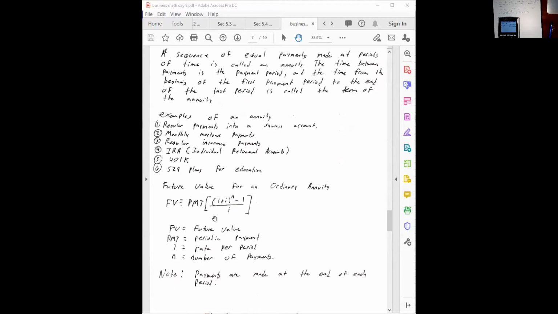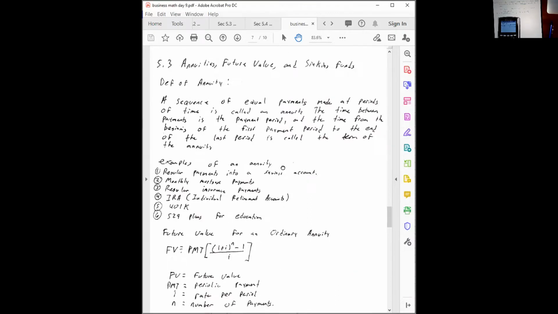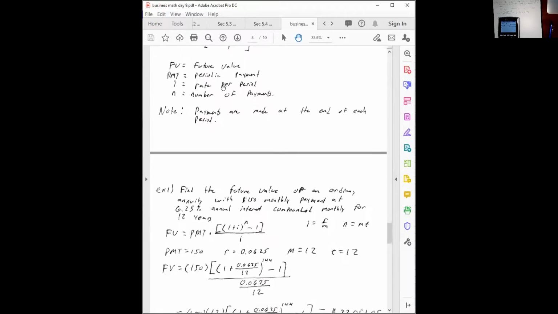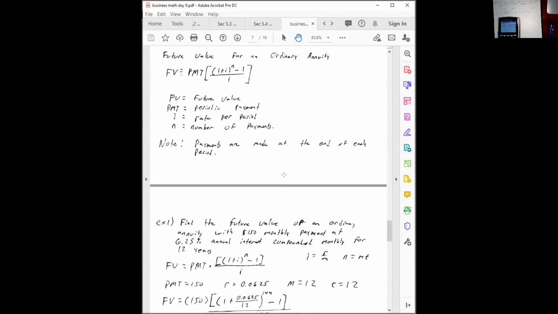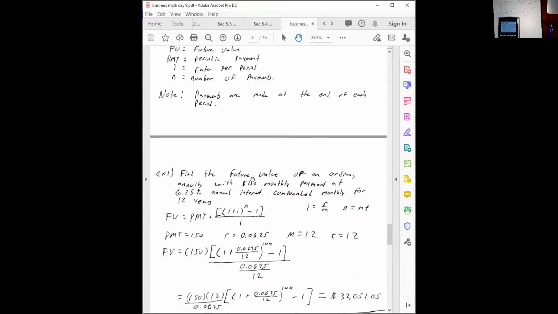Here is the future value, assuming there's a periodic payment. Right? We said that's stuff for like 401ks, IRAs, that type of stuff. Everything is still defined the same, I, N, etc. PMT was the only new thing in 5.3. So you'll have questions where they say, what is the future value of an ordinary annuity?